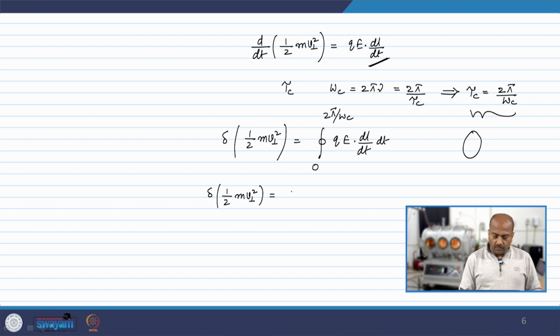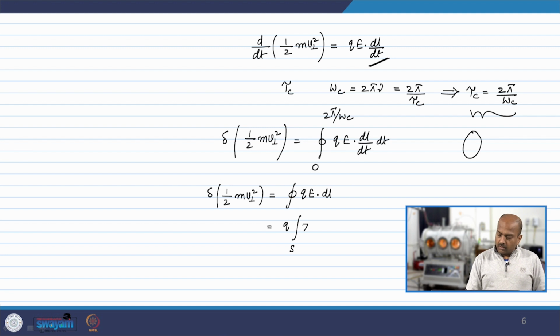Delta of half m V square is equal to the closed integral of q E dot dl. Using Stokes' law, we can write q times the integral over a surface of del cross E times dS.